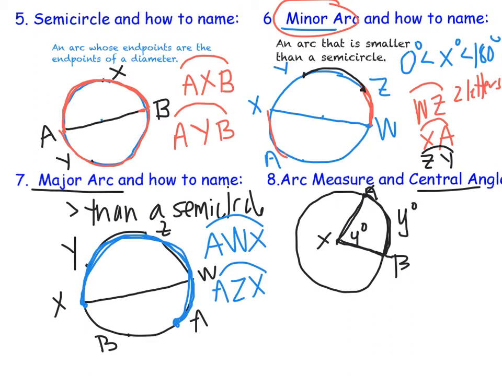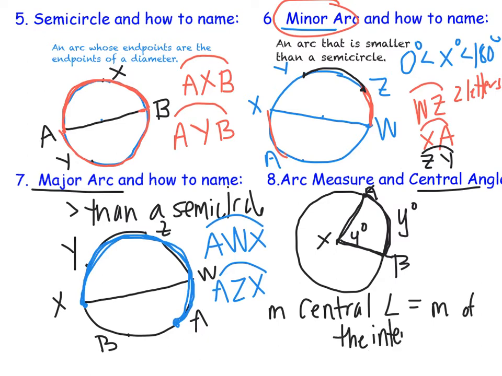So what we're going to say is the measure of the central angle, I'm going to put a little m in front, is equal to the measure of the intercepted arc.